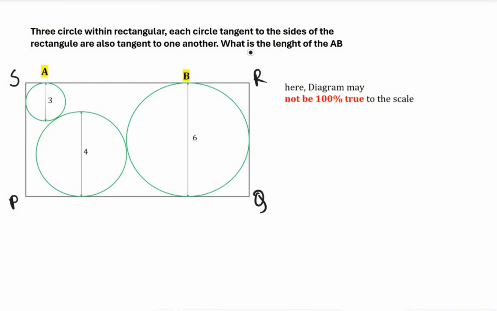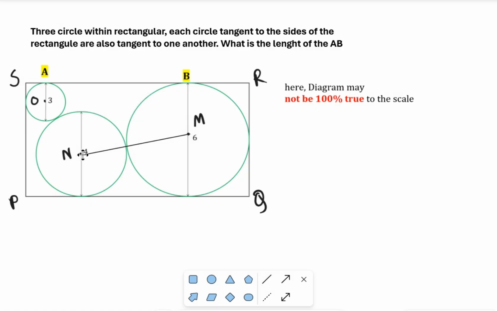The very first circle, let's consider this is M, this one N, and this one O. Now the very first task is to add these two centers, M and N. So from M up to this tangent or touch point is 3, because the diameter of the large circle is 6.